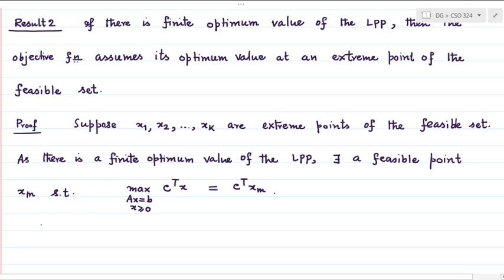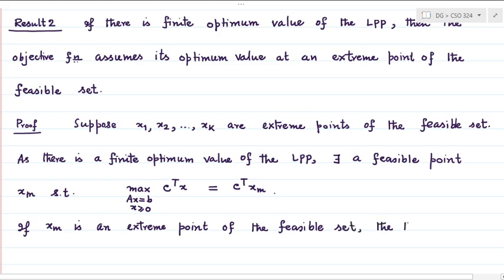So let me start with the first assumption, that if xm is an extreme point of the feasible set, then the proof is over.